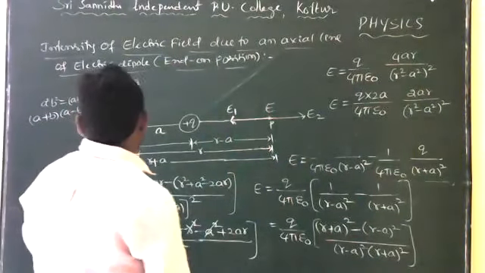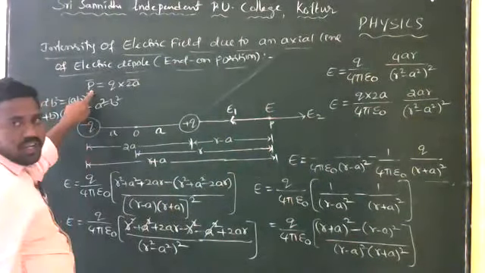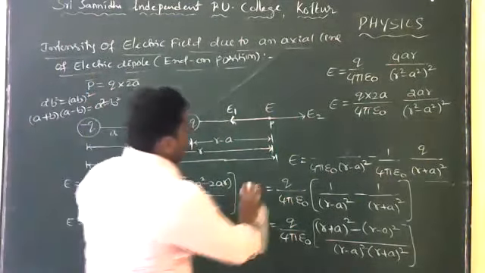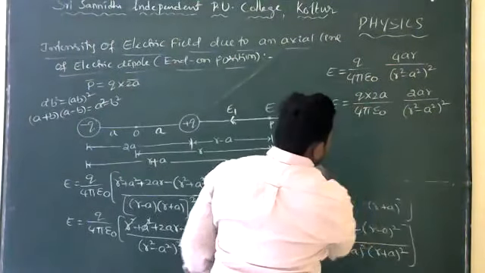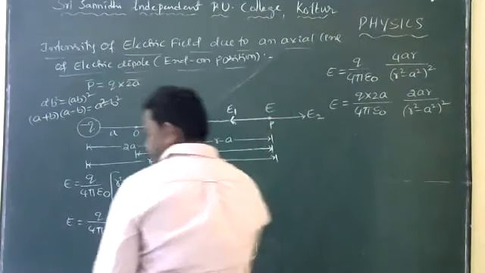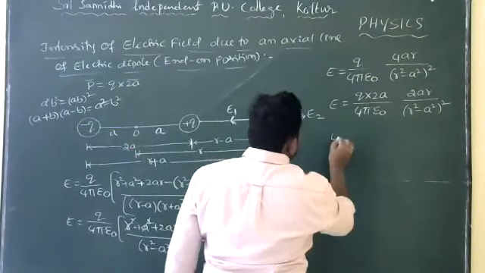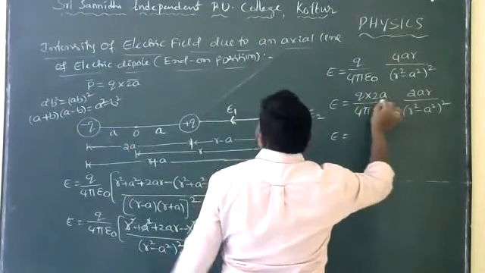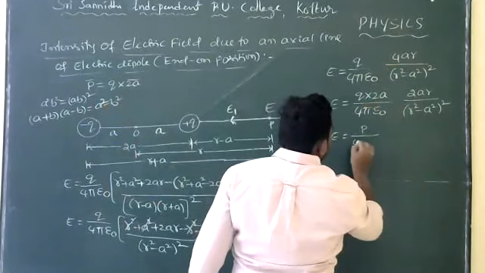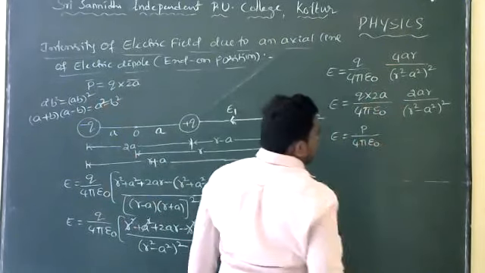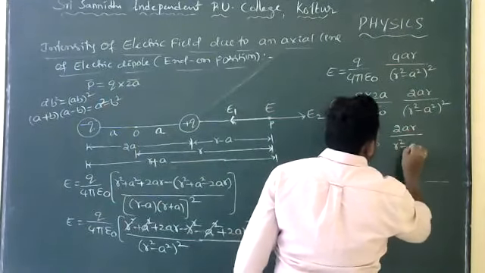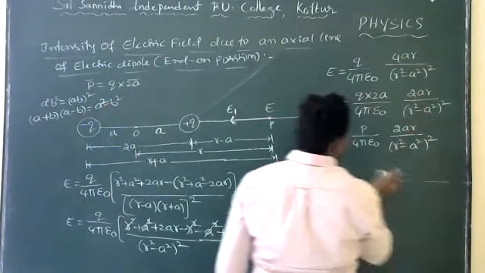Next, we know that a dipole has a dipole moment. What is the value of the dipole moment? P is equal to Q into 2A. So E is equal to P divided by 4 pi epsilon naught times 2AR divided by (R² − A²) whole squared.